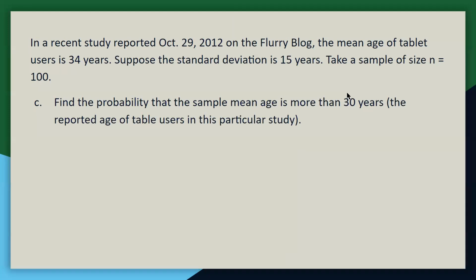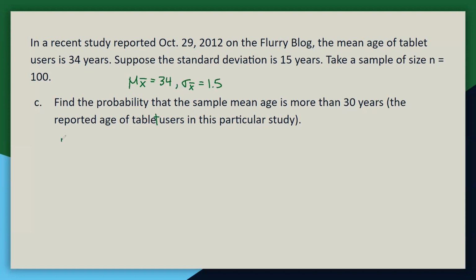C says find the probability that the sample mean age is more than 30. The reported age of tablet users, oh, there's another typo, in this particular study. So let's write that information that we have. Sampling distribution mean is 34. Standard error of the mean is 1.5.